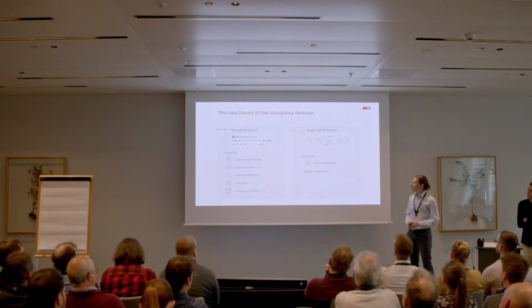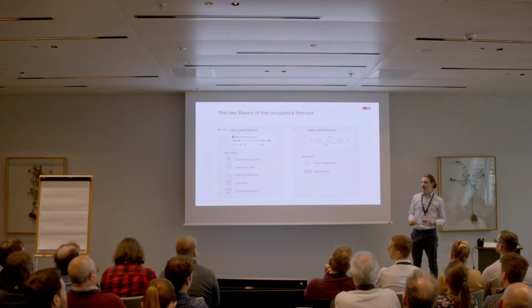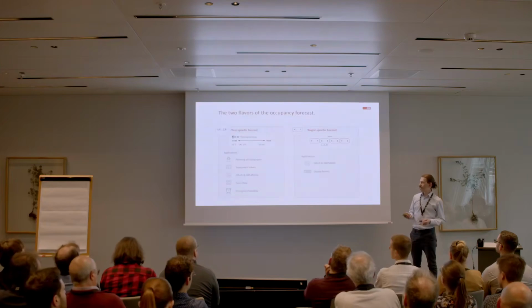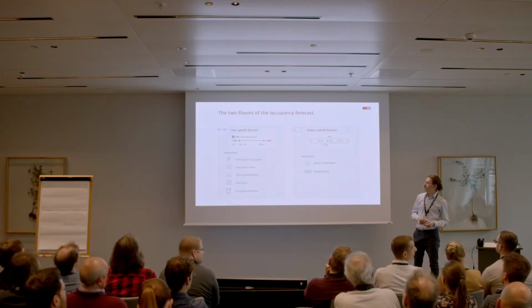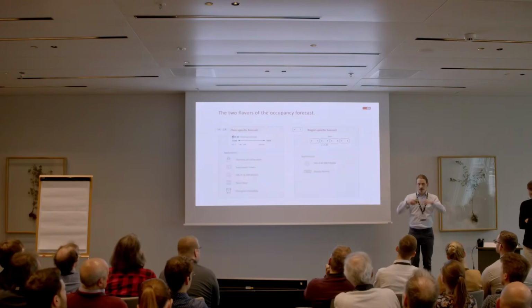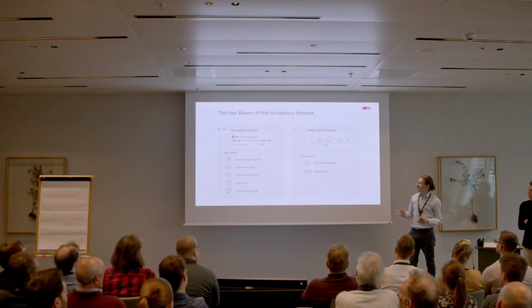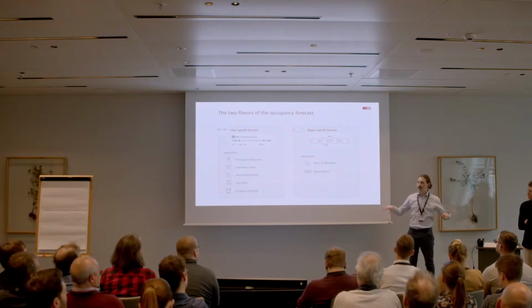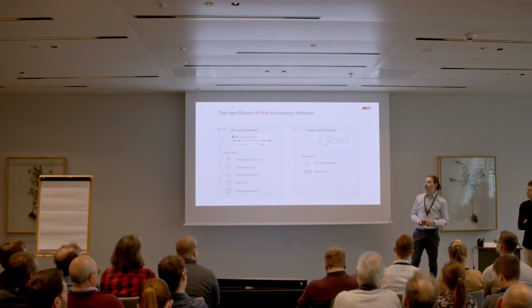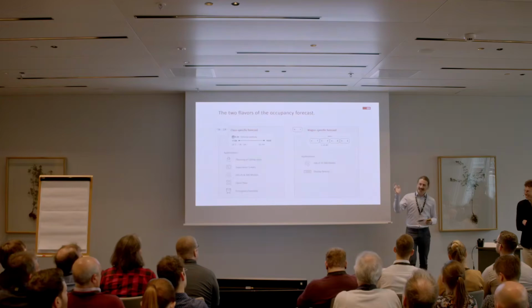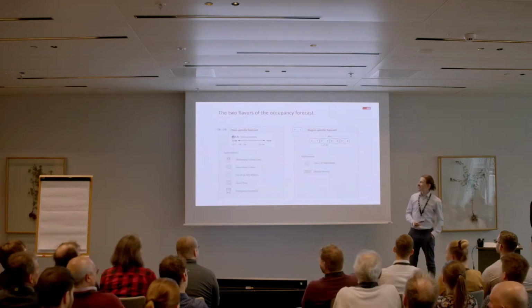The wagon-specific model is mostly customer-facing, to control the passenger flow. We have 400-meter-long trains, and not everyone should get into the train at the same spot. So we try to guide people, distributing them equally along the platforms, and it would work better if more people looked at the forecast.